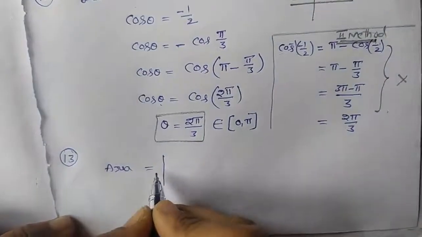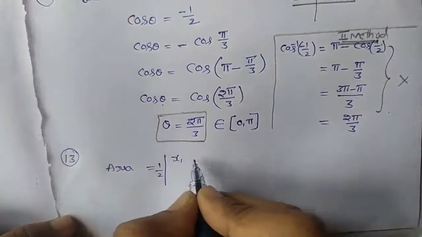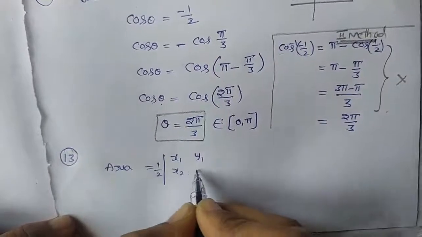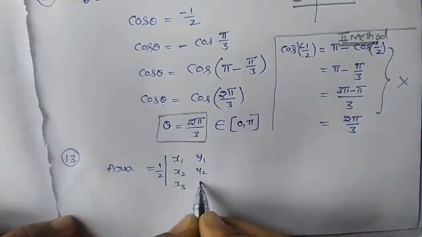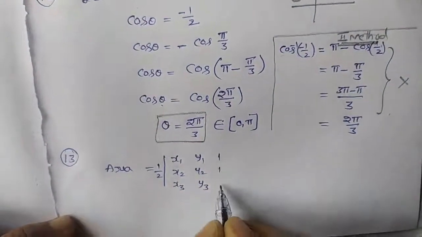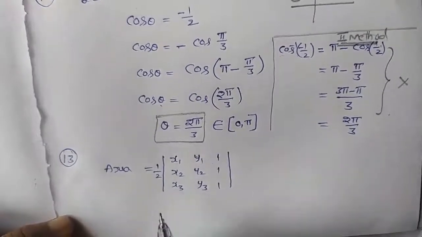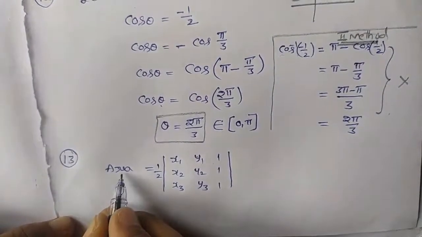1 by 2 into the determinant of x1 y1 1, x2 y2 1, x3 y3 1. Area is given as 35 square units.